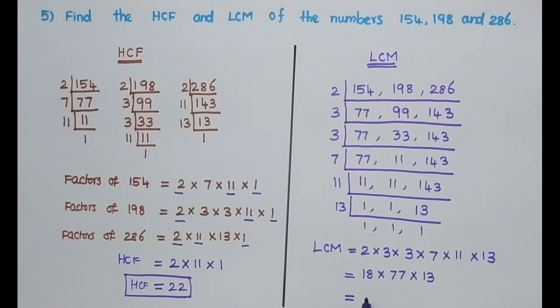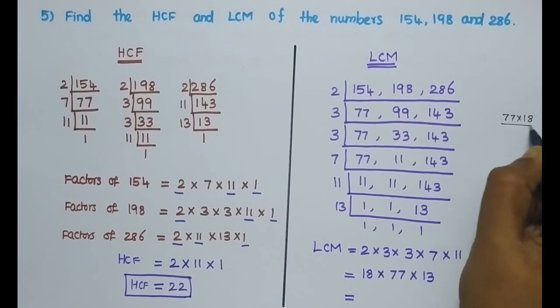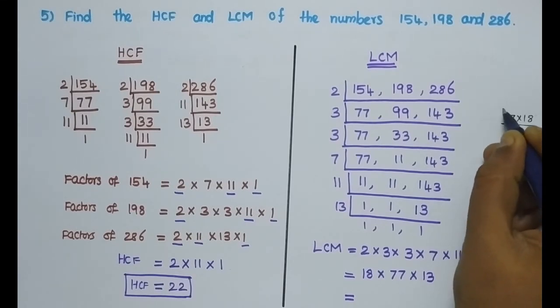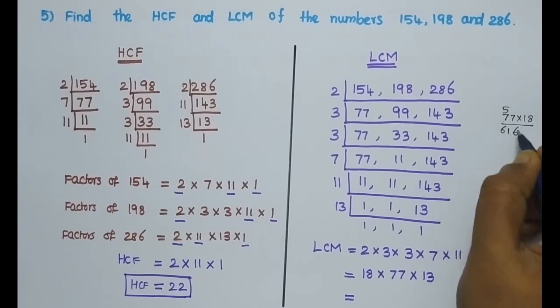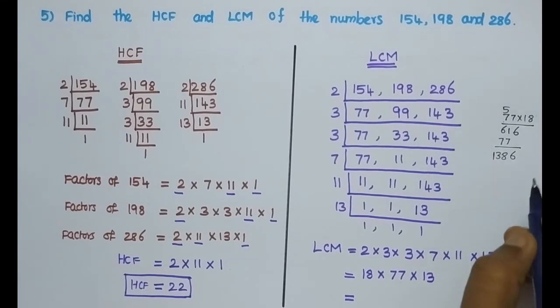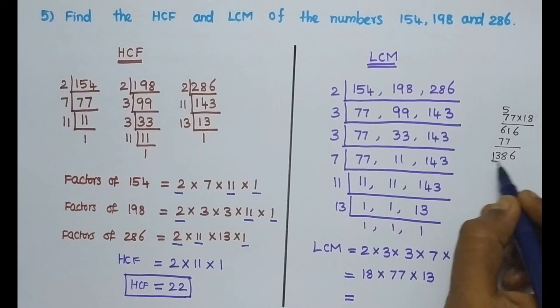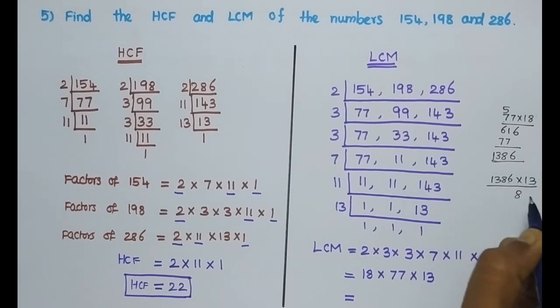Multiply these numbers means we get 77 into 18. 7 8s are 56. Carry over 5. 7 8s are 56 plus 5, 61. 1 7 is 7, so 1386. Now 1386 into 13. 3 6s are 18.